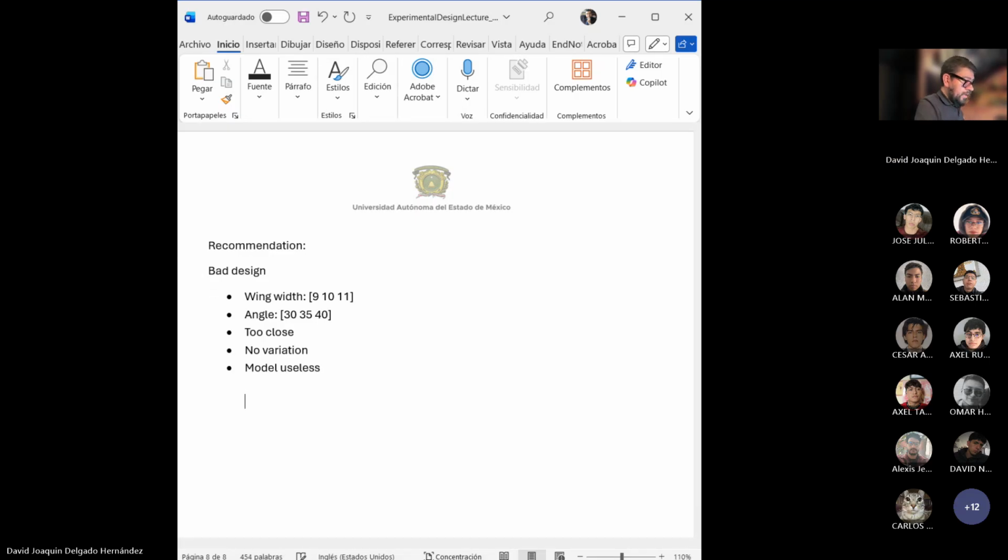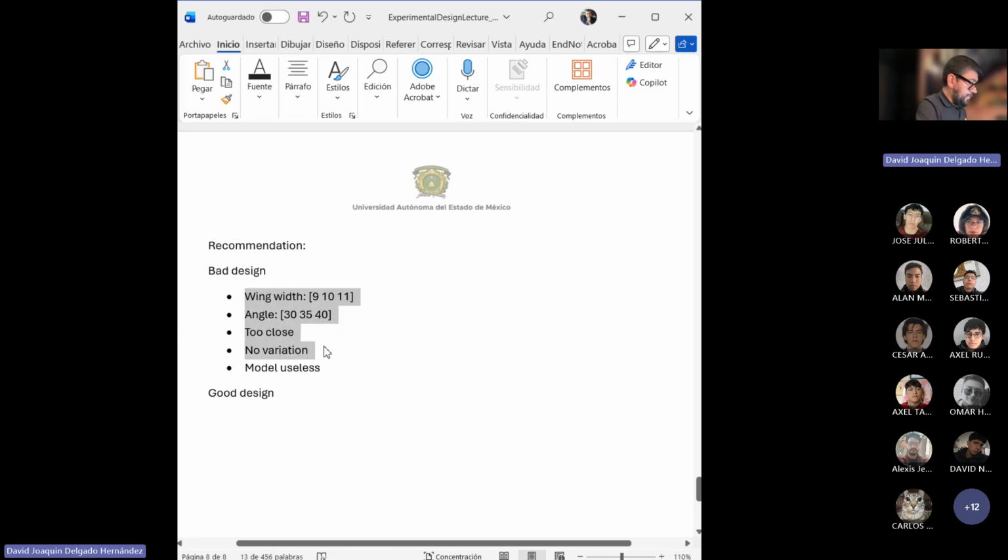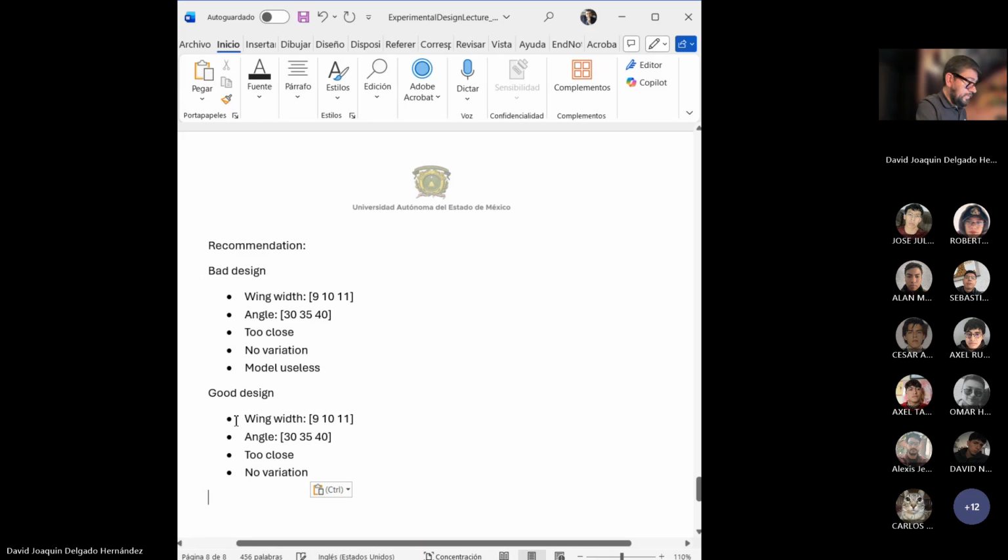But in contrast, what would be a good design? Let me copy this here. So a good design is the one that has, for instance, 5, 15. It could be 5, 15, 10, 15.